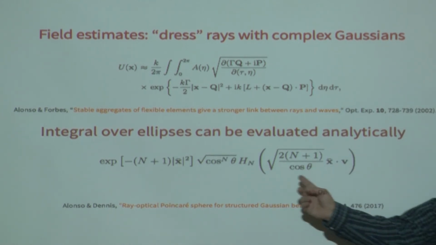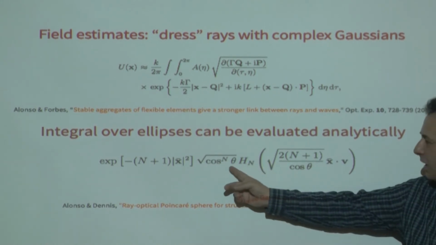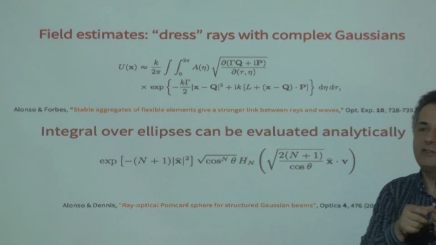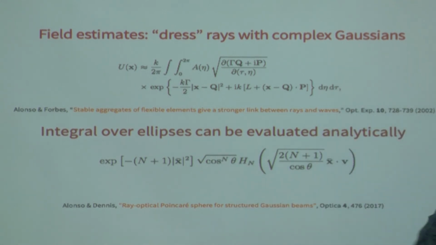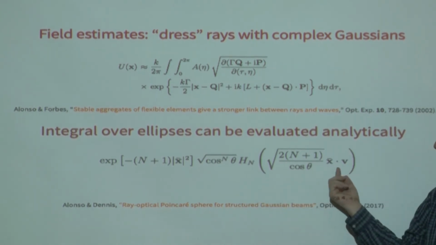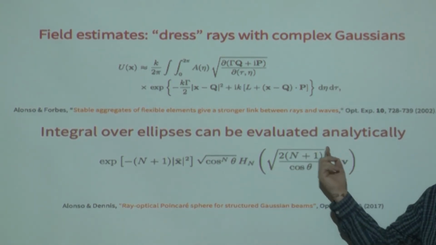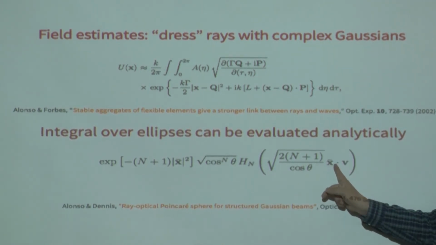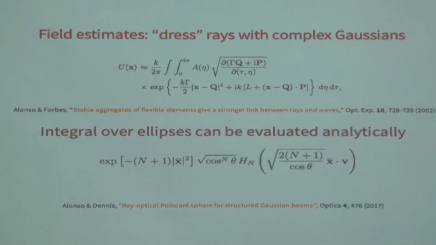And what you get is what I was saying before, going to your analogy, the coherent state is the wave contribution to one ellipse of rays. And it turns out to be a Hermite Gaussian evaluated at a complex argument, where this coordinate variable is dotted with something like a Jones vector. So if that Jones vector is circular, you get a Laguerre-Gauss. If it is linear, you get a Hermite-Gauss.